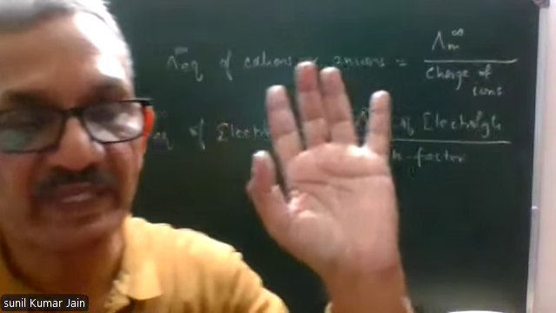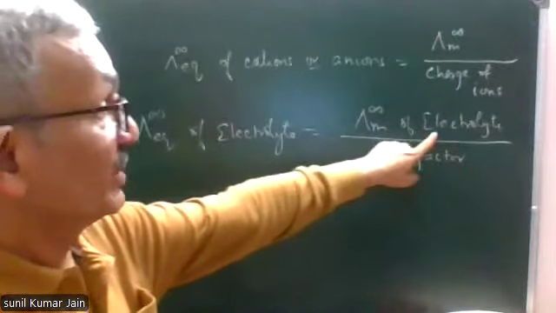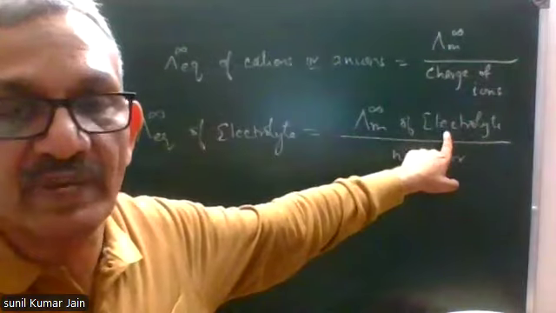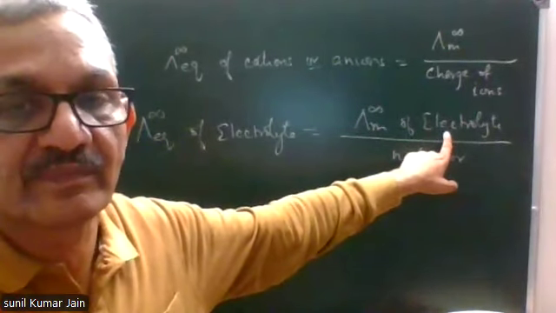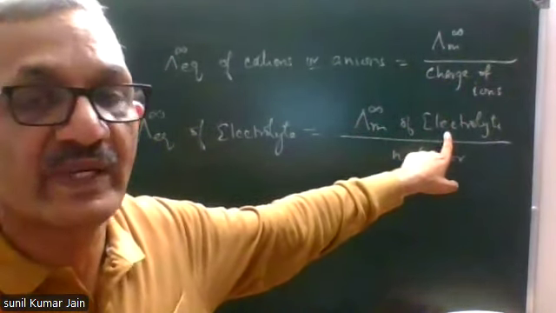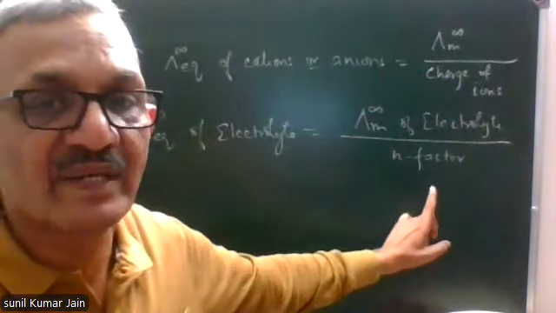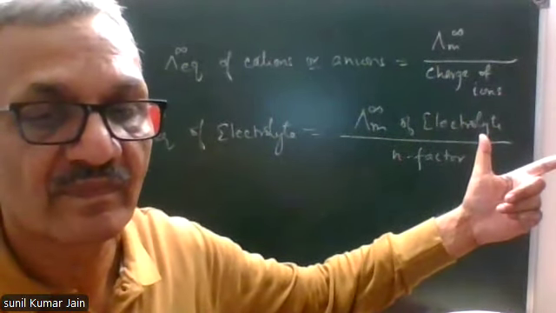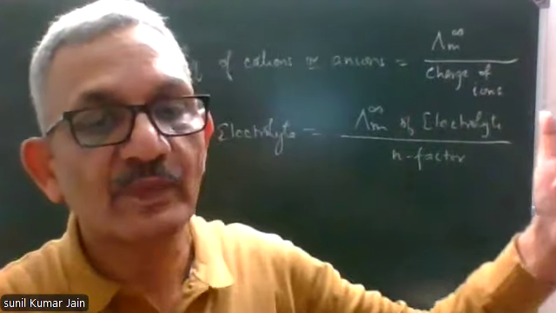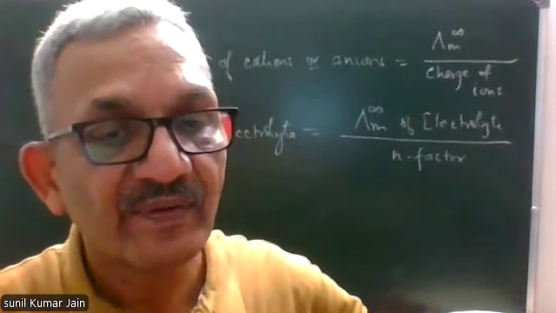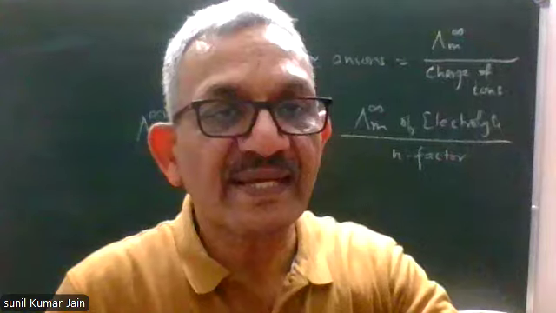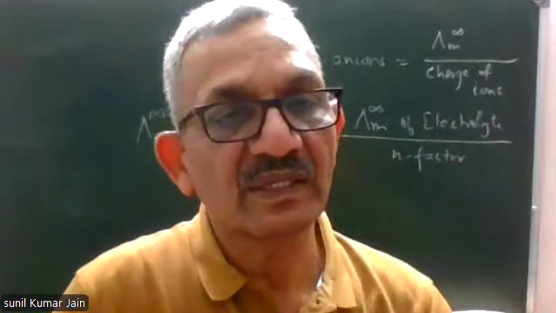Just let me try verbally. Let us say molar conductivity of MgCl2, magnesium chloride, is 200. Then what is equivalent conductivity? 200 divided by n factor. What is n factor for magnesium chloride? Sir, 2. So 200 divided by 2, answer will be 100.